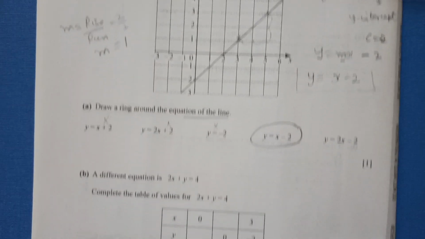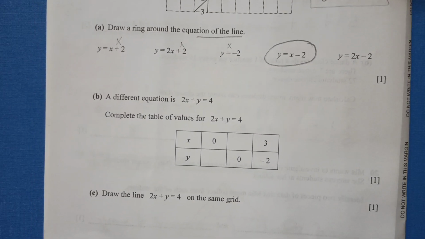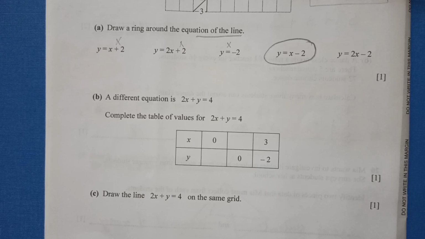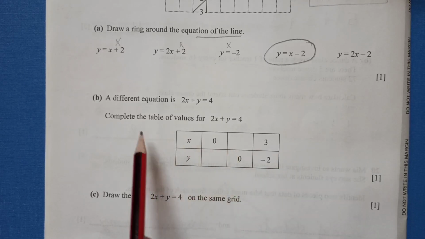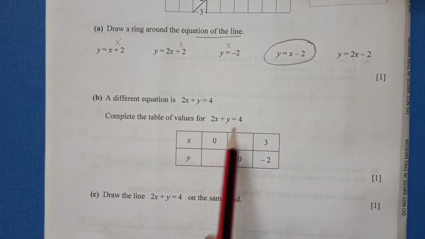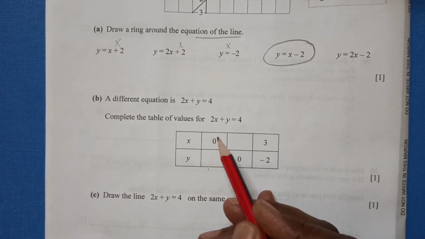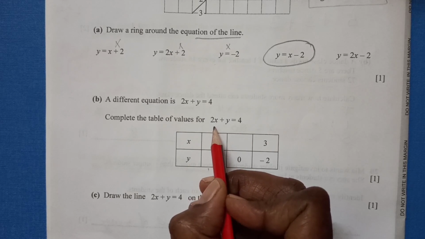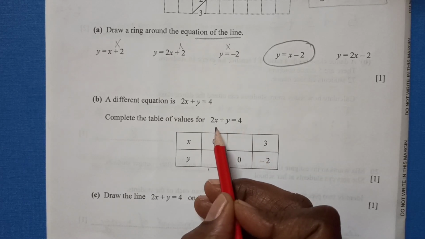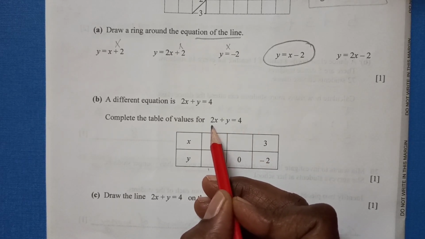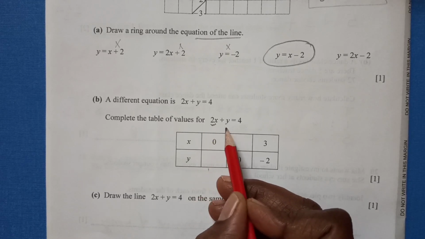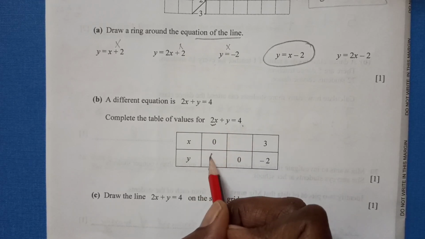Okay. Now part B. A different equation, 2x plus y equals 4, is given. Complete the table for this. So now see, if x is 0, we are just going to substitute the values. If x is 0 here, that means this value will be 0. So y will be equal to 4.